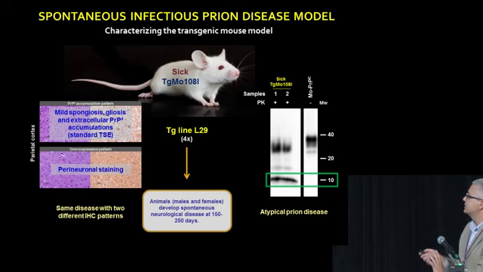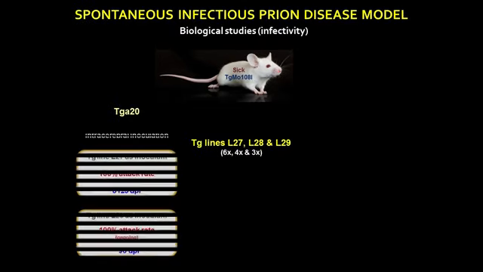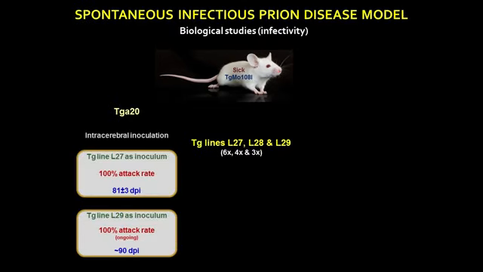The next question was what happened with infectivity? Because if this is happening in vole, and now we have mouse, the most important point is to go to humans, and this is basically what we are doing now. But first, we wanted to clarify if these sick animals were also infectious.